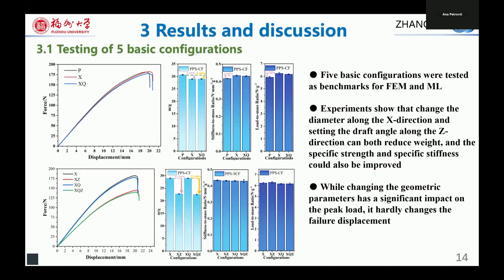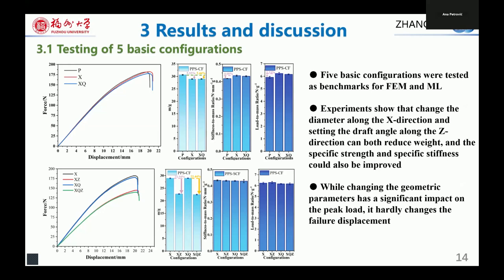And in the third part, first of all, we tested 3 basic configurations, which could be used as the benchmark for FEM and machine learning. Then the experiment shows that the changes in diameter along the x direction and the draft angle along the z direction can both reduce weight and increase the specific strength and the specific stiffness.